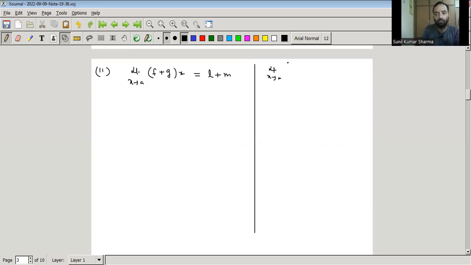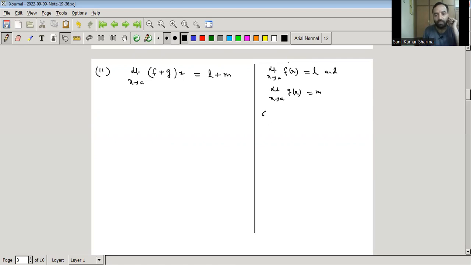Strategy: limit x goes to a, f of x is equal to L, and limit x goes to a, g of x is equal to M. So these are given, right? So we have to estimate.